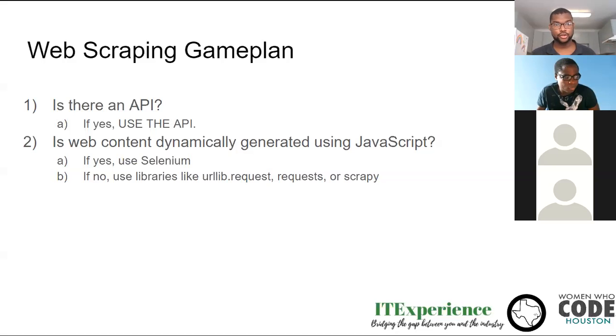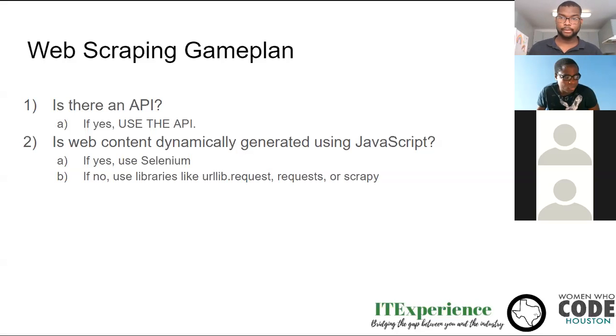It's better to just use the API, mainly because it easily formats the information in a way that's helpful to you. And two, you're not going to really get in trouble if you're using their API to access their information, because they're going to have general guidelines on how many times you can use it, or what information is accessible. So the easiest way to not get in trouble and the easiest way to get information that's important to you, if they have an API, is to simply use the API.